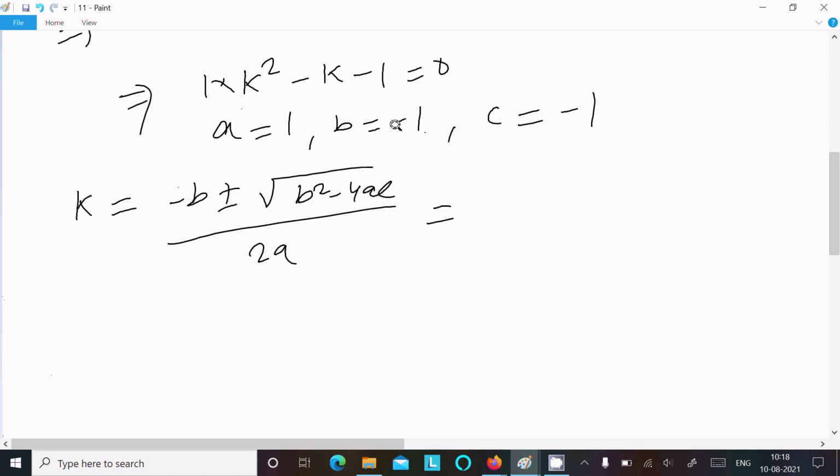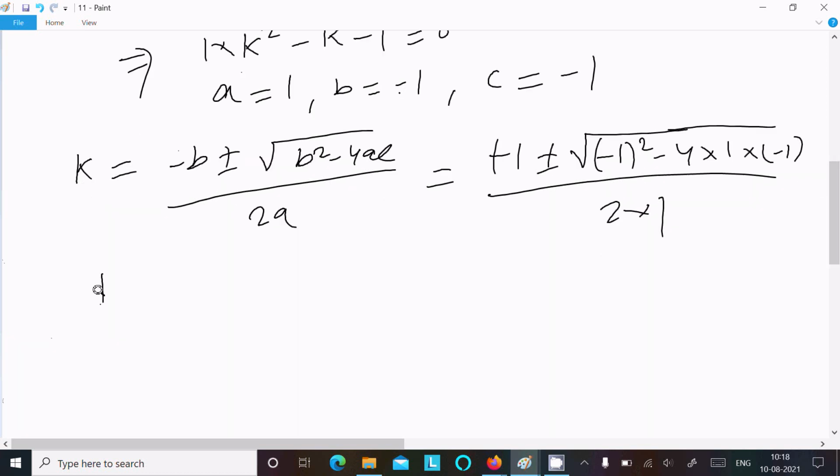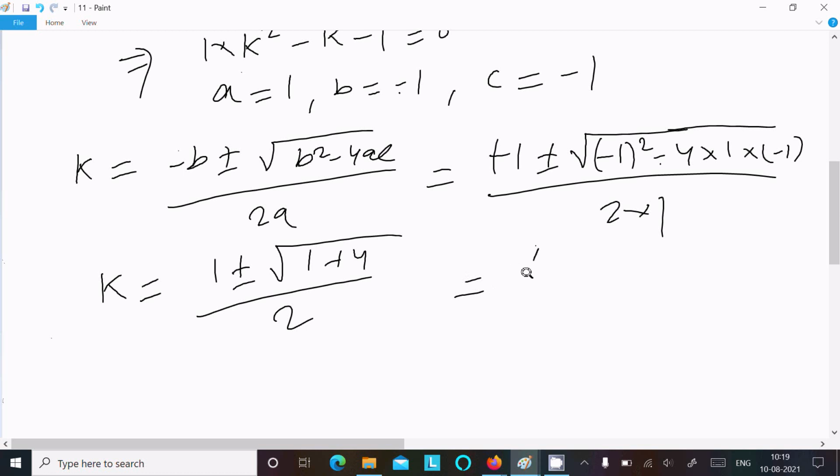So minus of minus 1 becomes 1, plus minus root of b square, that is minus 1 square, minus 4 into a into minus 1, divided by 2 into 1. So here we can write k equal to 1 plus minus root of 1 plus 4, divided by 2, or we can write 1 plus minus root 5 divided by 2.